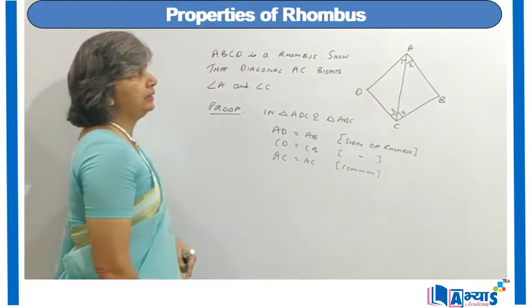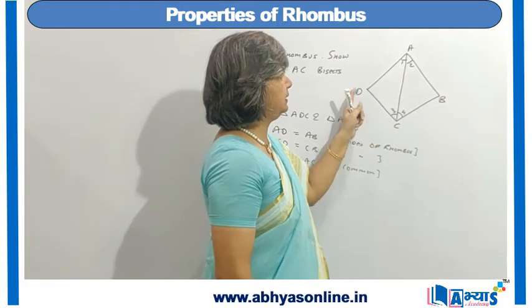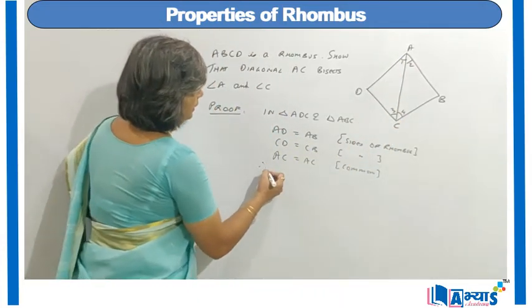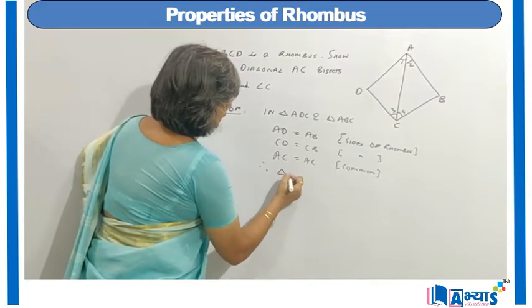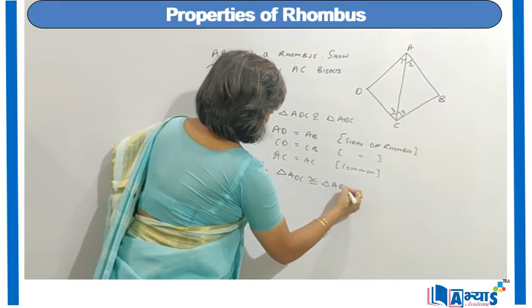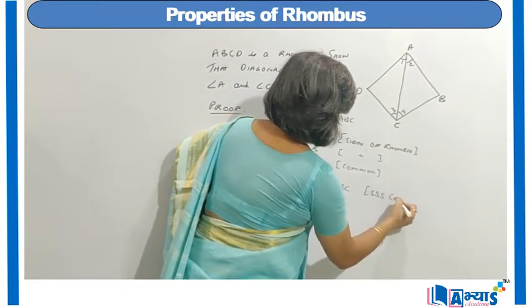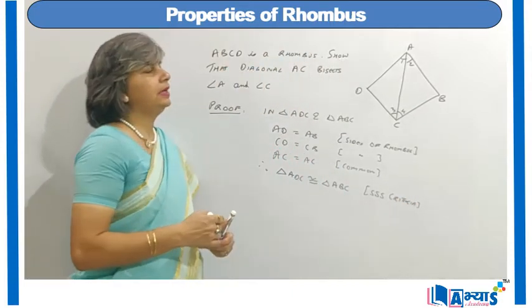So now we can say that AD is equal to AB, CD is equal to CB, and AC is common in both. Therefore triangle ADC is congruent to triangle ABC using the SSS criteria of congruence.